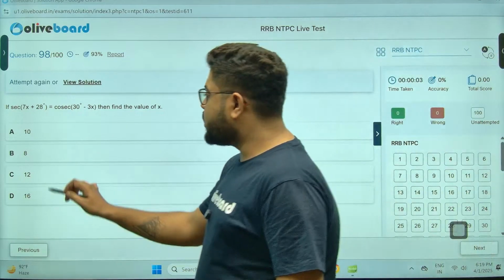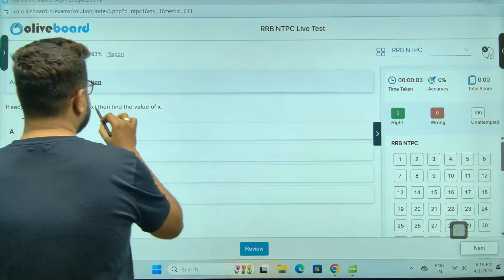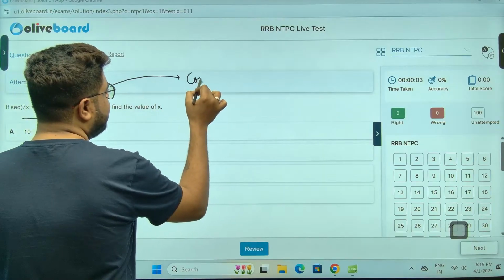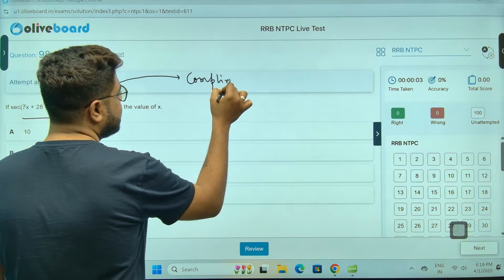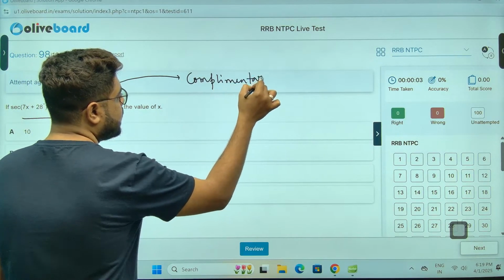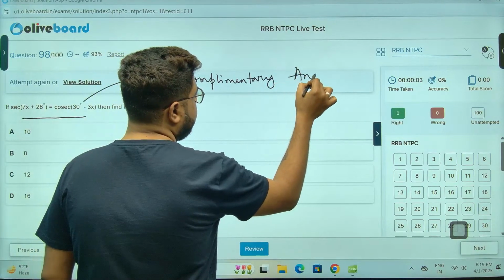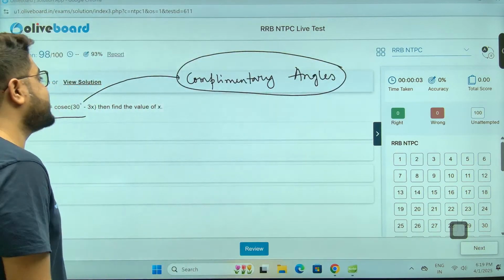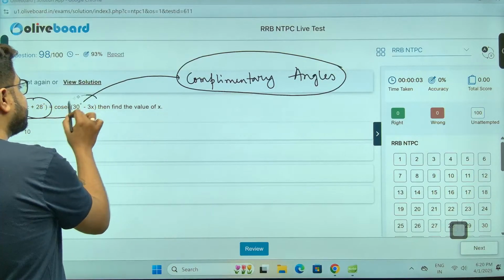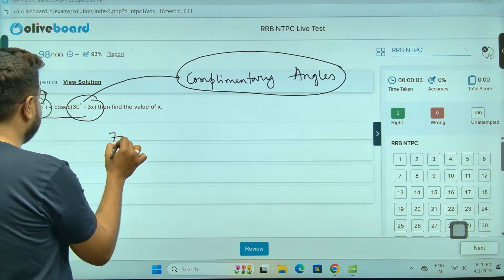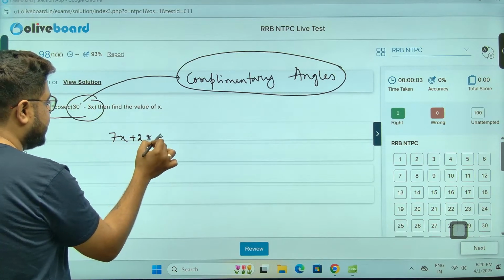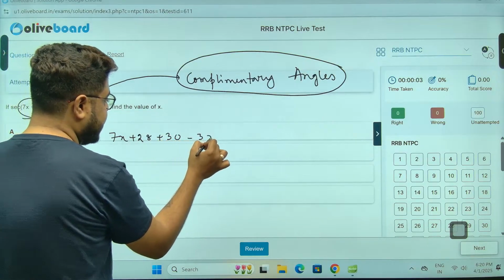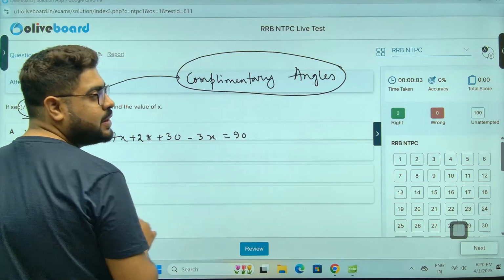Sir, sec and cosec, this only happens in case of complementary angles. Sum of these two angles must be 90, sir. 7x plus 28 plus 30 minus 3x has to be 90.